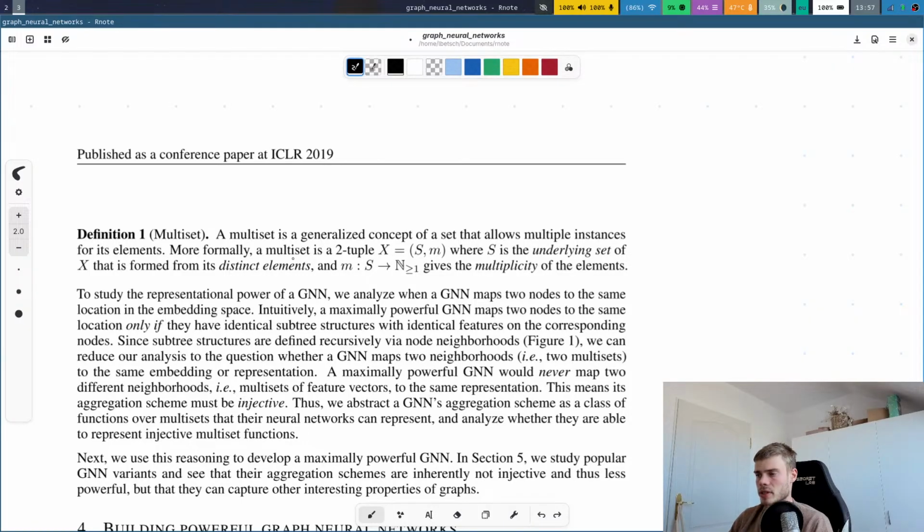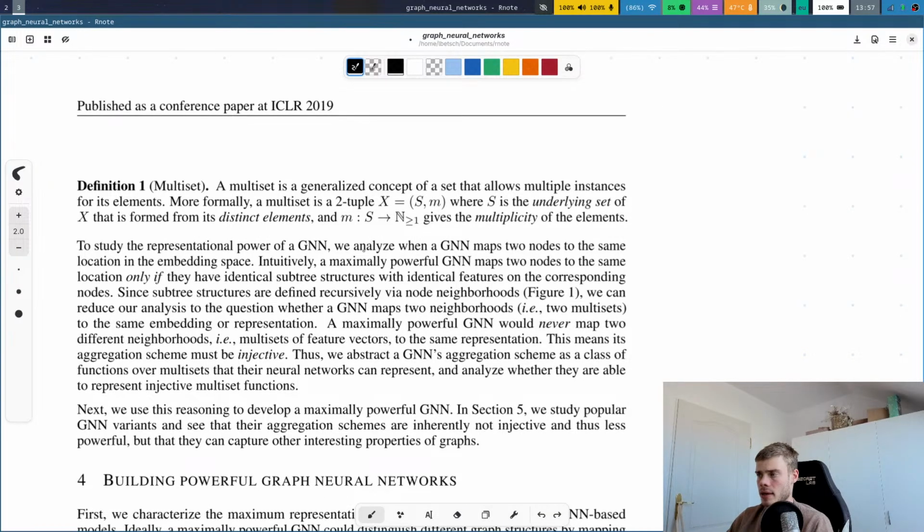To study the representational power of a GNN, we analyze when a GNN maps two nodes to the same location in the embedding space. Intuitively, a maximally powerful GNN maps two nodes to the same location only if they have identical subtree structures with identical features on the corresponding nodes.